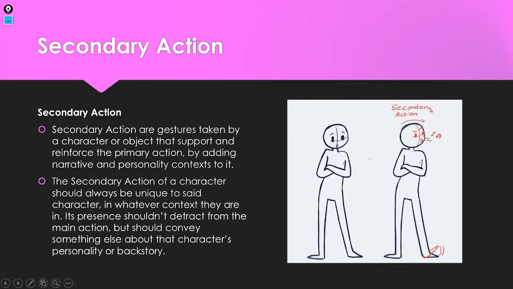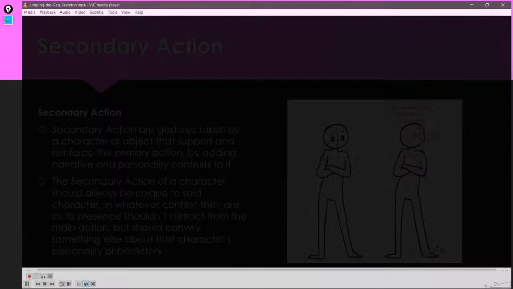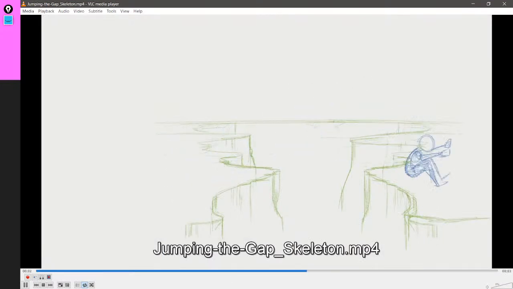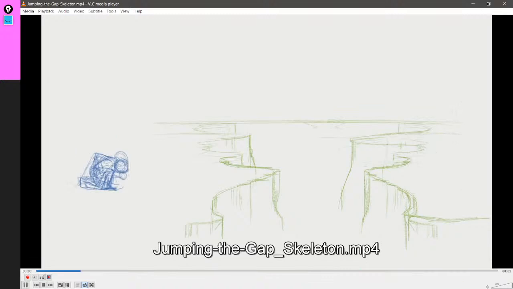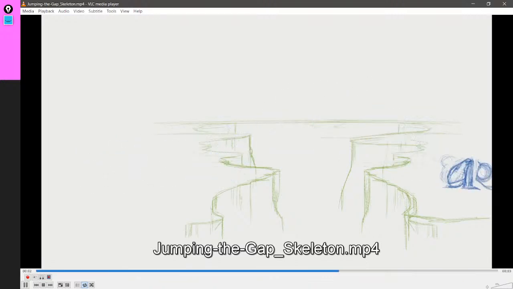And this is where I want to bring back the jumping the gap clip. So this is pretty simply an animation of someone running and jumping over a gap. But as Mesh mentioned, it also has the little bonus that the person, when they're jumping, is flailing their arms around.